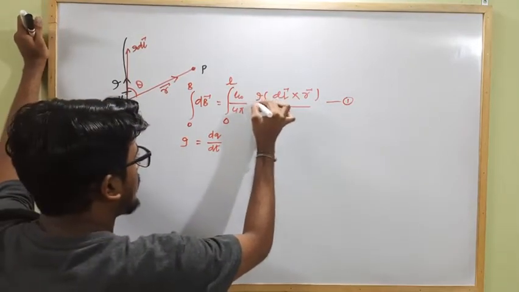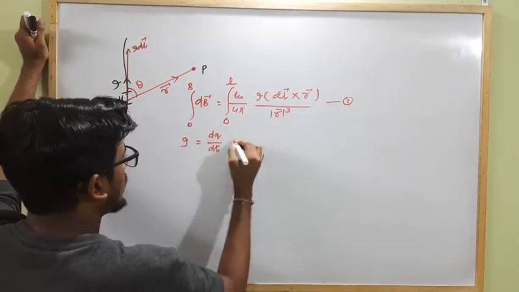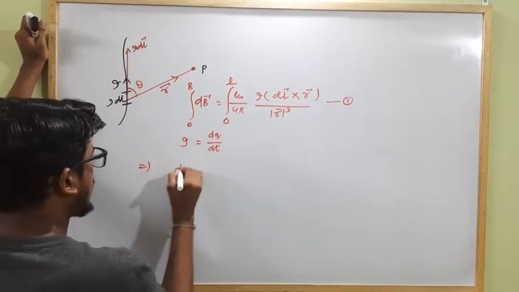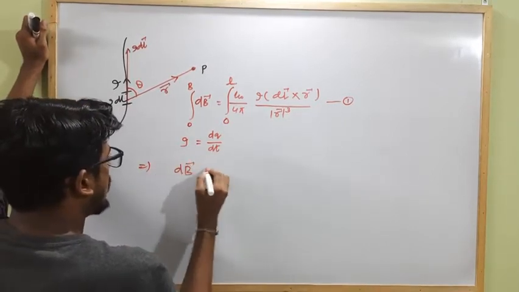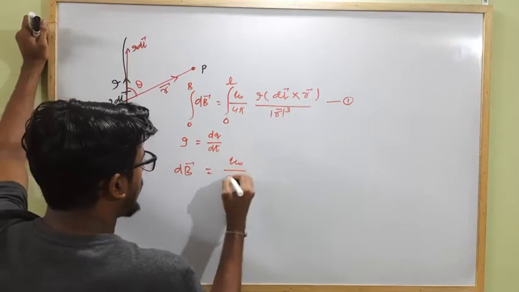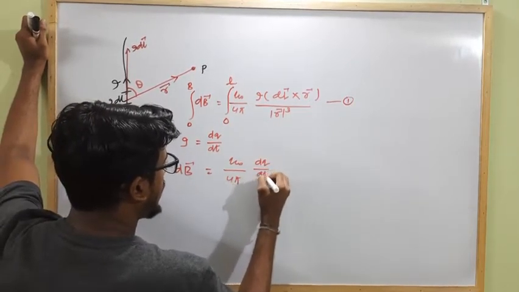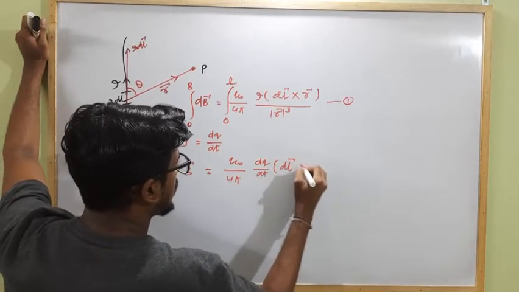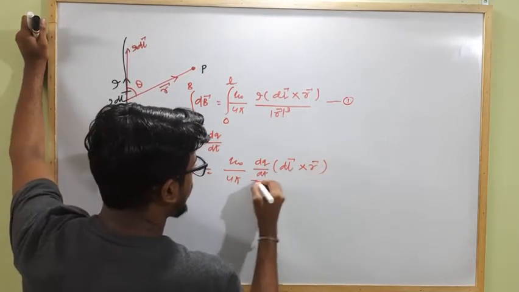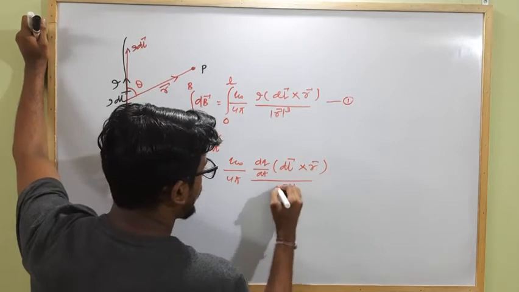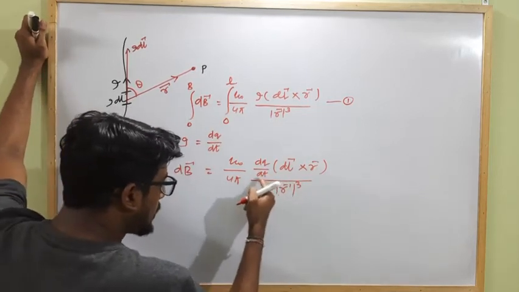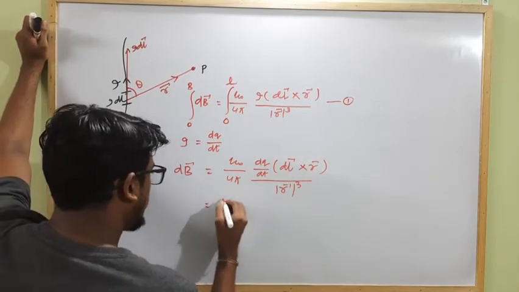So here I can replace I with dq by dt. This implies the dB vector will be mu naught by 4 pi, in place of I write dq by dt, into dl vector cross r vector, whole divided by mod r cubed. Now taking this dt into the bracket, it will become how much?